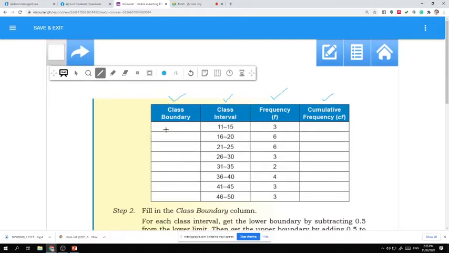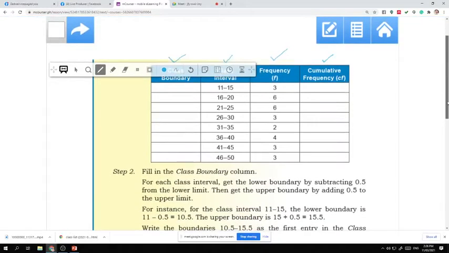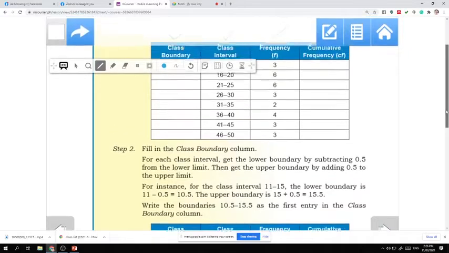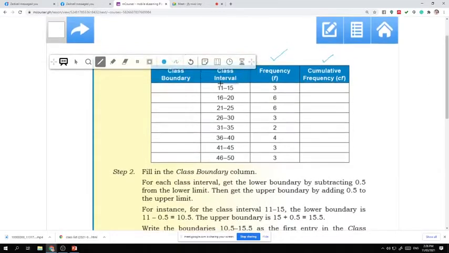Now, let's begin with the class boundary. This is how you get the class boundary. It's so simple. The class boundary is simply, for each class interval, meaning if I'm going to focus over here, this class interval, I will be getting the lower boundary by subtracting 0.5 from the lower limit.